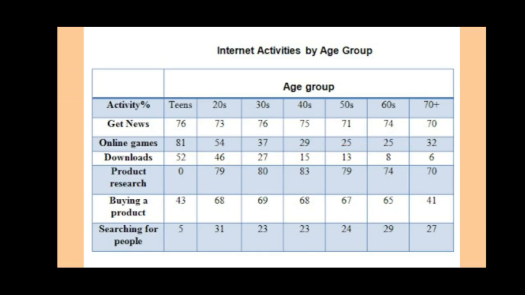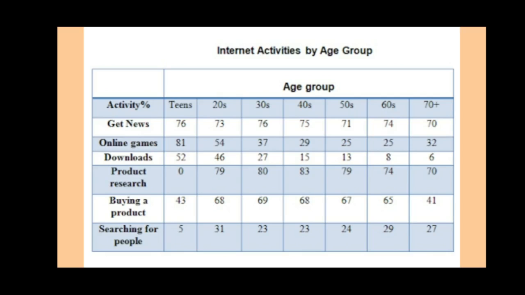Next question. This is a table about internet activities by different age groups. Here: teenagers, online games, get news, downloads, product research, buying a product, searching for people. So all these activities are given here, and all these age groups are given in this line: teenagers, 20s, 30s, 40s, 50s.